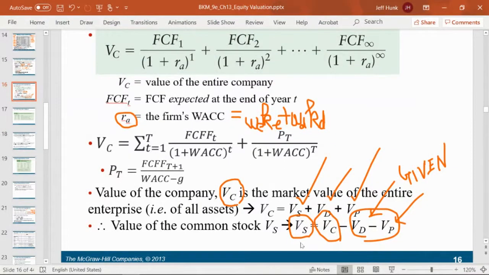And then once you isolate the value of the common stock, all you need to do is, because this is an aggregate concept, right? The value of the company is also an aggregate concept.